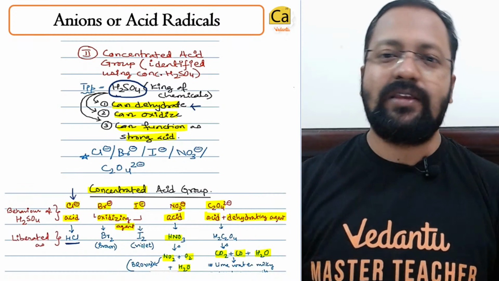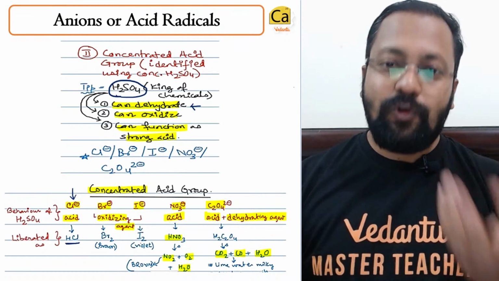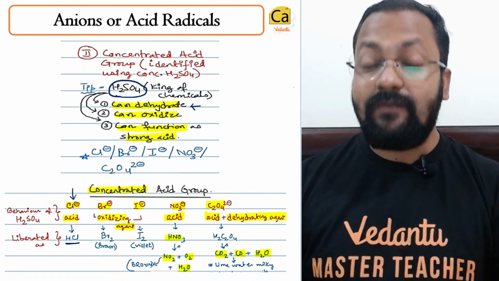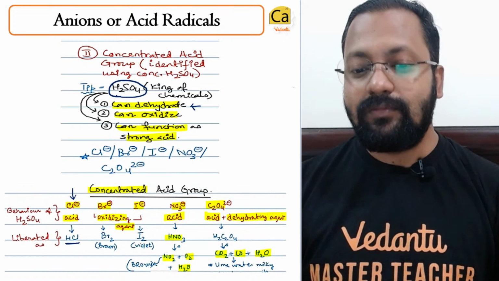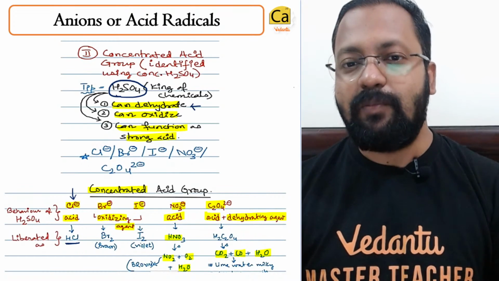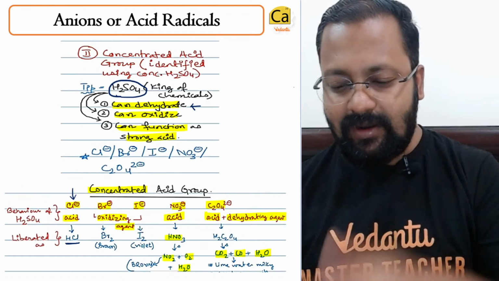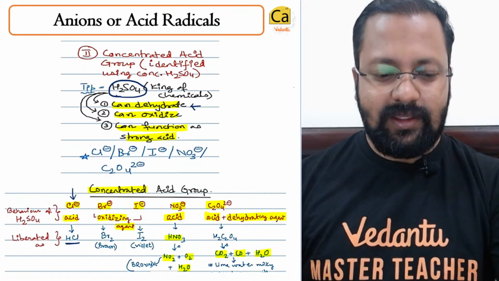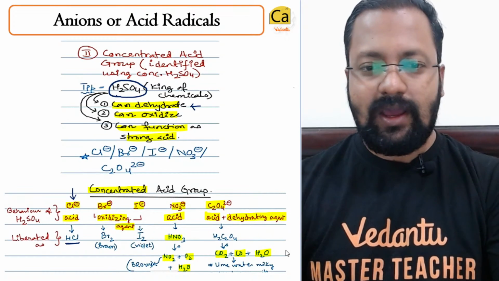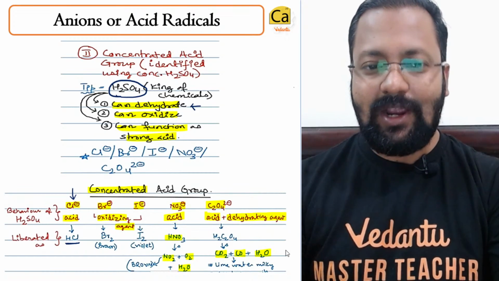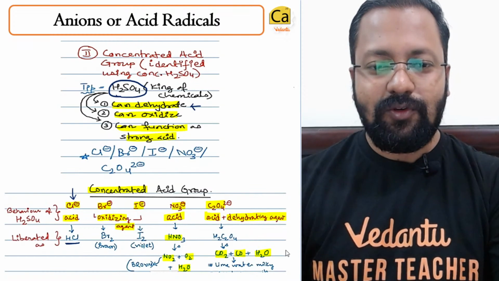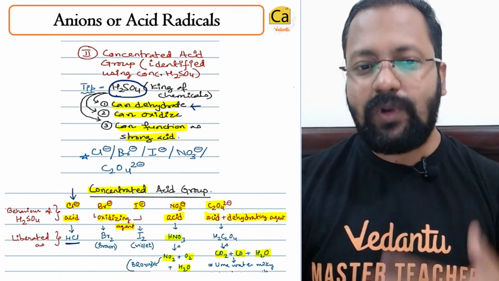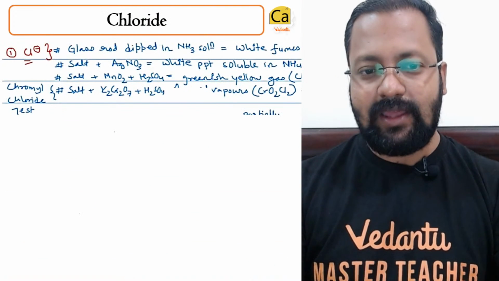We burn this gas. Carbon monoxide, if present, will burn with a blue edged flame. Okay, carbon monoxide burns with a blue edged flame. We'll see this later as well, but let's move ahead. Let's see what we are supposed to cover. Okay, so let's start with the individual tests for each anion.